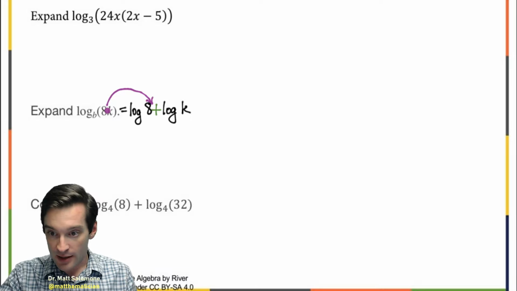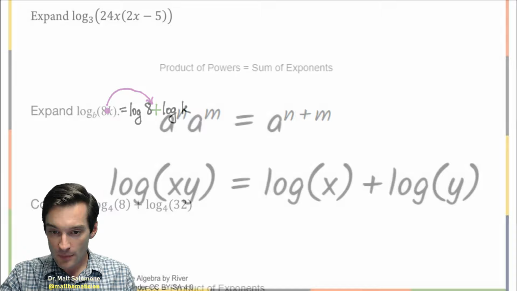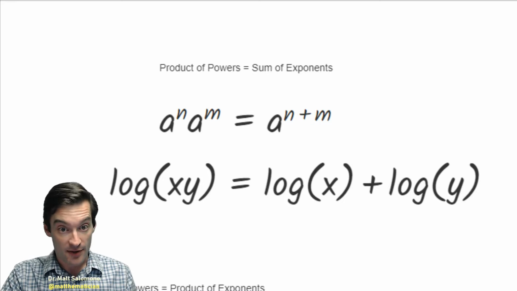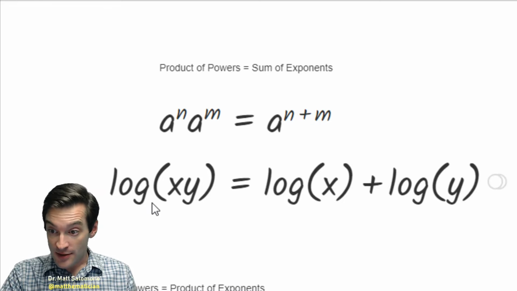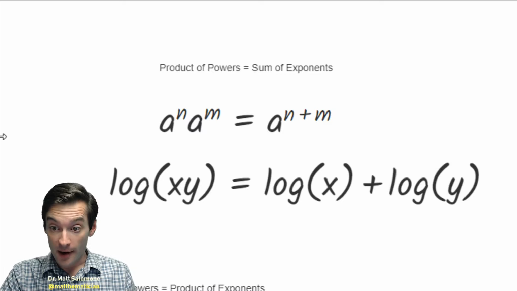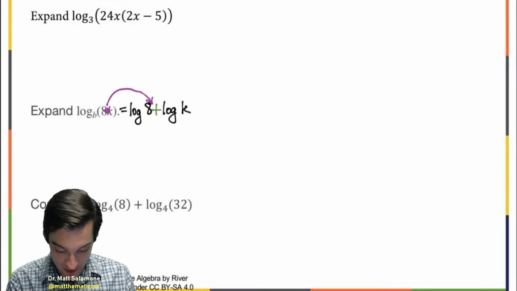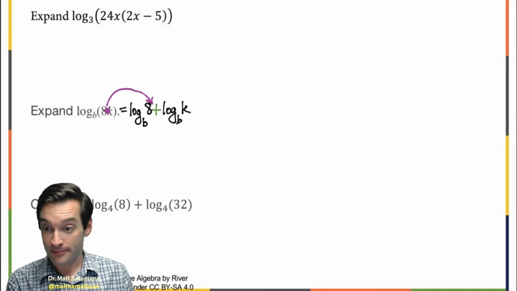And just like the power property of exponents has both of the bases on the left-hand side here the same, that's also true for the bases of the logarithms. I haven't written in a base here, and so this actually works for logarithms with any base. And so what that means is that the bases of these logs are the same as the base of the original log, log base b of 8, log base b of k.